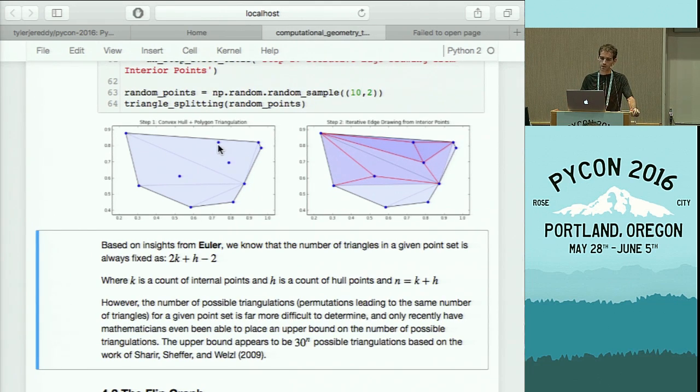Because we could decide to initially triangulate with this point here or this point here, so we could get two different sets of new triangles, depending on the order of the algorithm. So the upper bound is 30 to the power of the number of input data points. That's a huge number of possible triangulations. Now, many data sets won't have that many, but all we can say for sure from a theoretical standpoint is that that is the upper boundary.